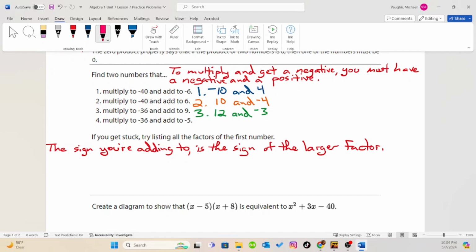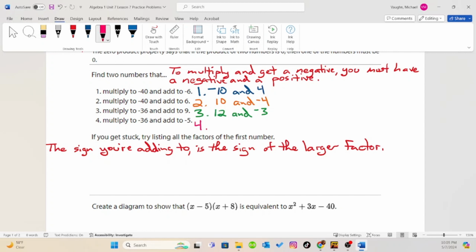And finally, number 4, we want to multiply to negative 36 again, but this time we want them to add to negative 5. So we were 12 apart at 3 and 12. The next pair of factors would be 4 and 9, and those are 5 apart.